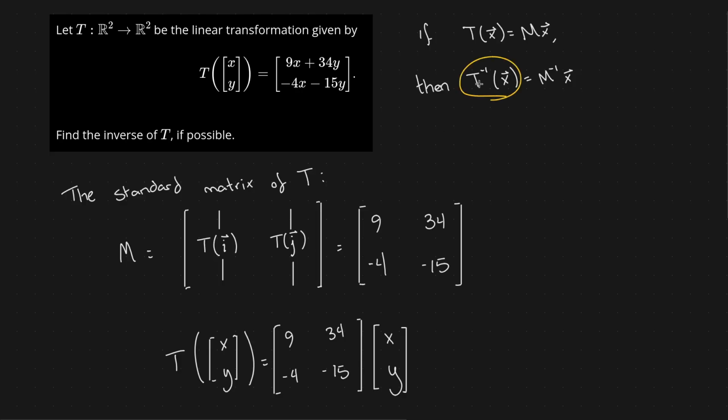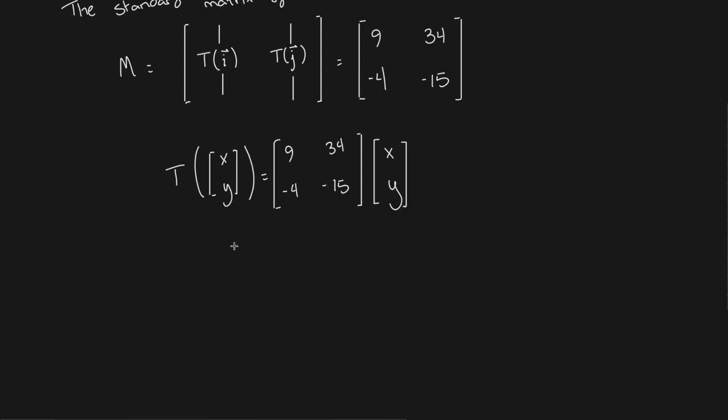Now, in order to find the inverse, we want to find the inverse matrix of our standard matrix M. Remember, the strategy for doing this is I take the matrix I want the inverse of, and I augment it with the identity matrix.